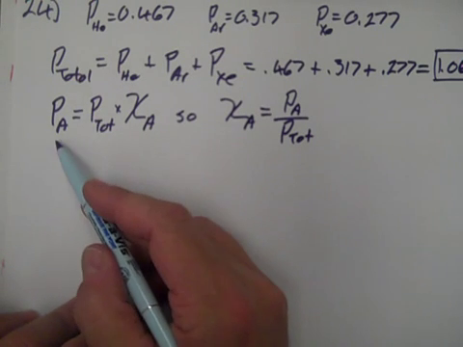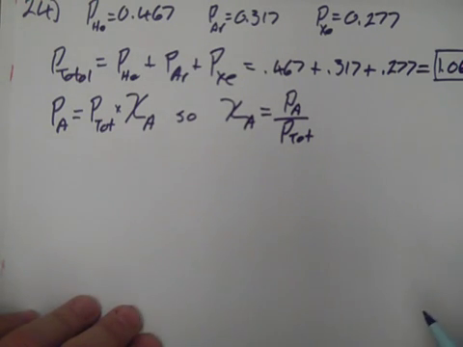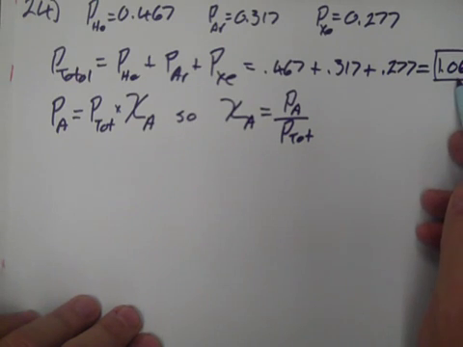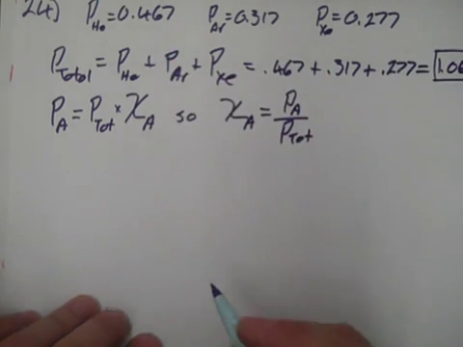All I did was divide both sides by total pressure. Well, I know the total pressure now. I know the partial pressures for each one.